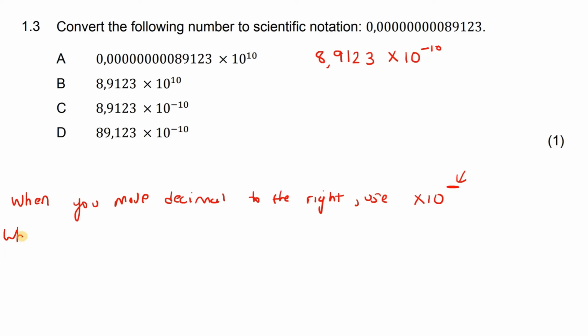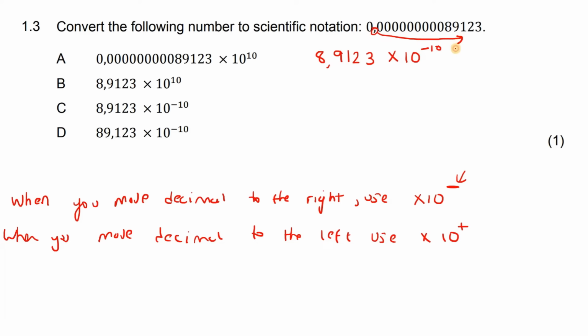And when you move the decimal to the left, then you're going to use times 10 with a positive number. Okay, so what I mean is, you see how we took this decimal and we moved it 10 places to the right. So when you move the decimal to the right, use a negative over here. So we're going to have 8.9123 times 10 to the negative 10.